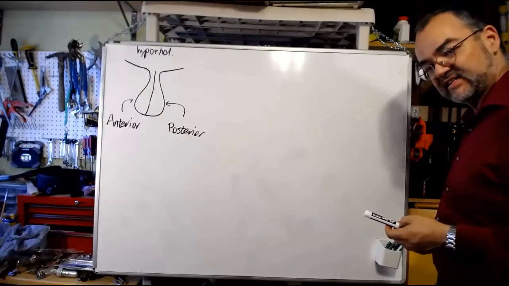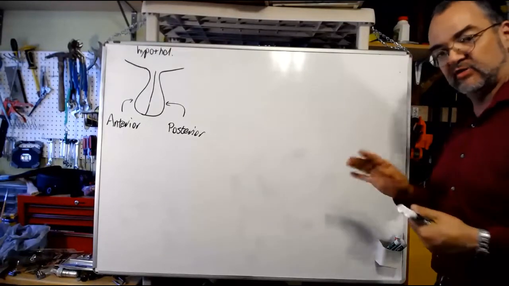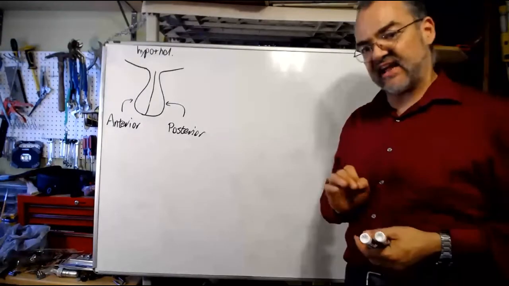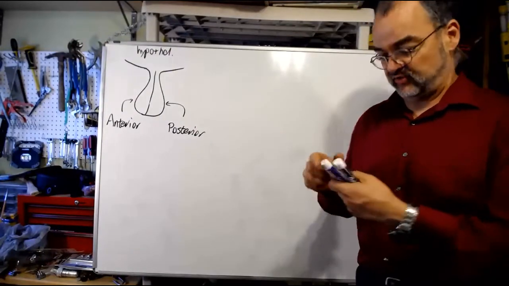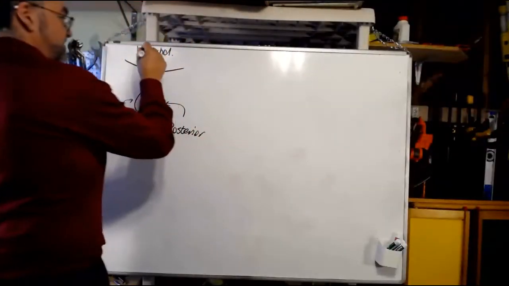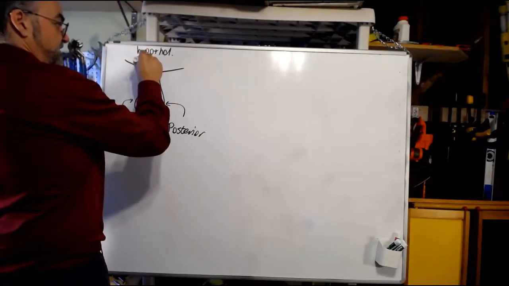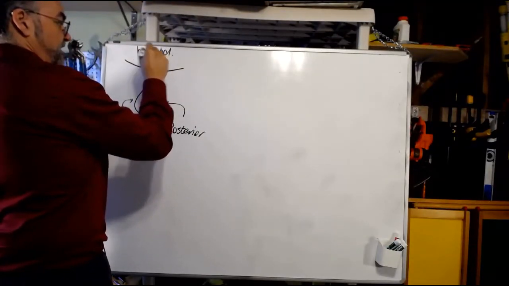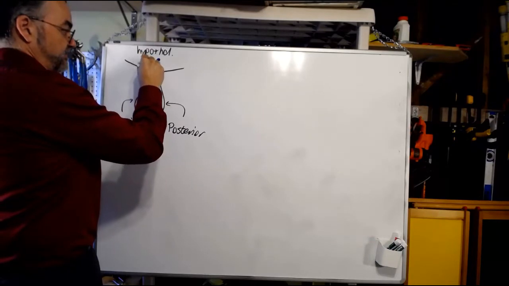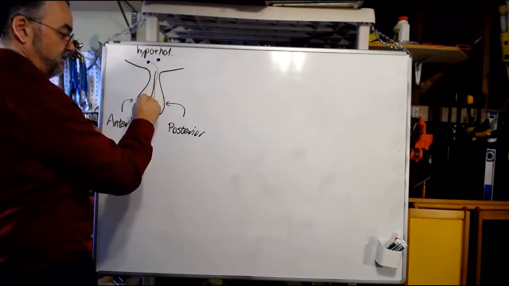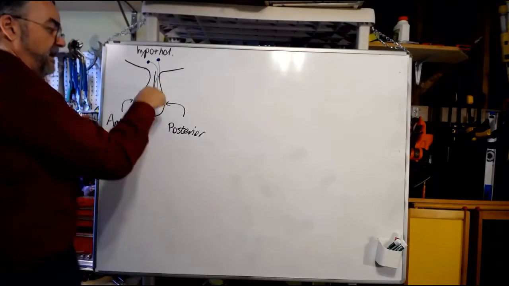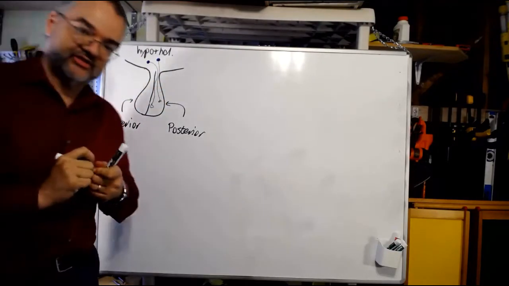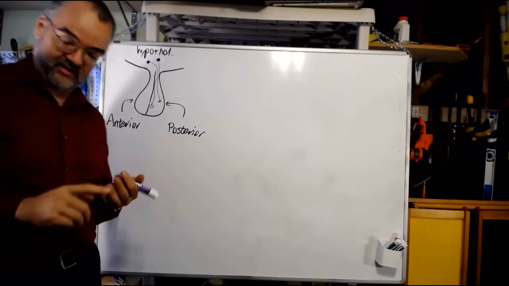The funny thing about the posterior pituitary is that it's not actually a gland. The posterior pituitary is actually nerve tissue. What it mostly consists of is axons from a couple of areas in the hypothalamus that come down here and then have axon terminals in the posterior pituitary.